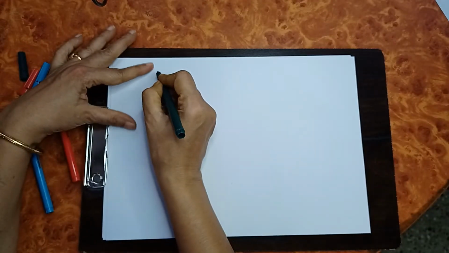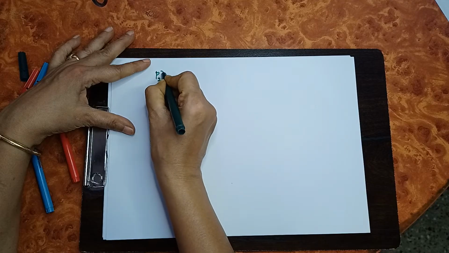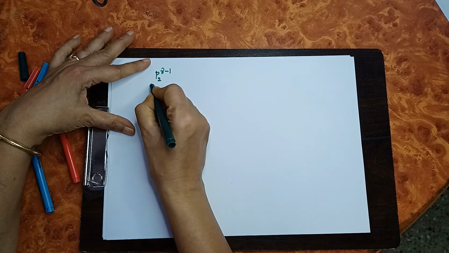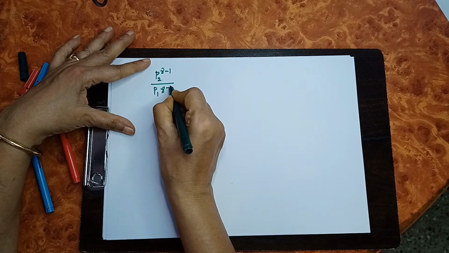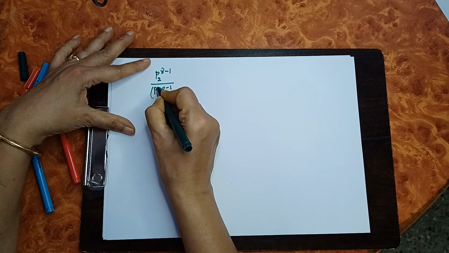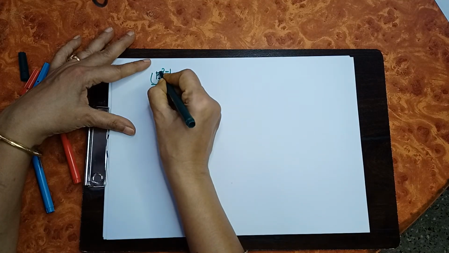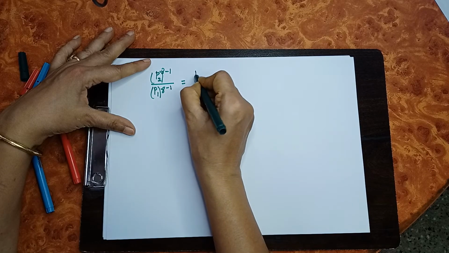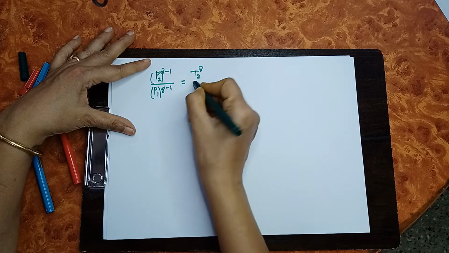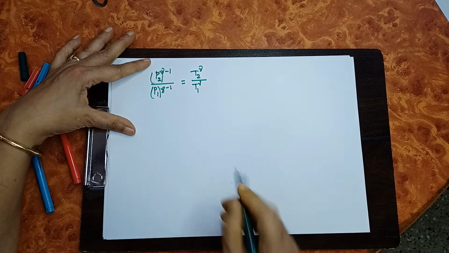So what we got last is P2 to the power gamma minus 1 divided by P1 to the power gamma minus 1, to the power gamma minus 1, is equal to T2 to the power gamma and then T1 to the power gamma.